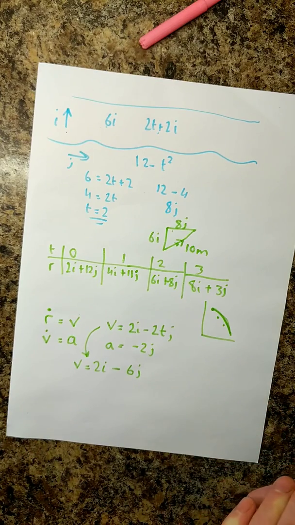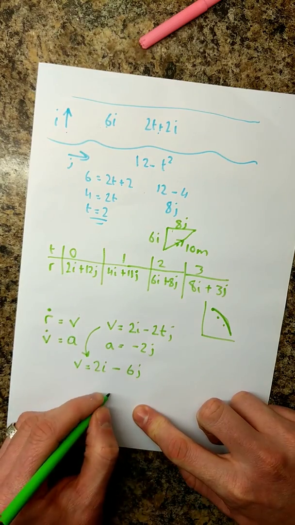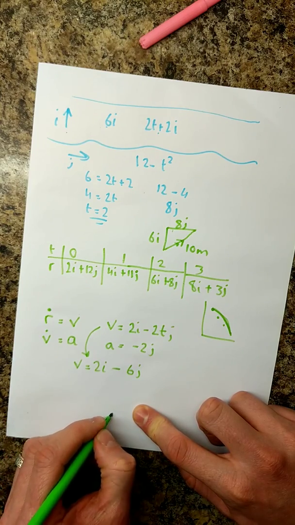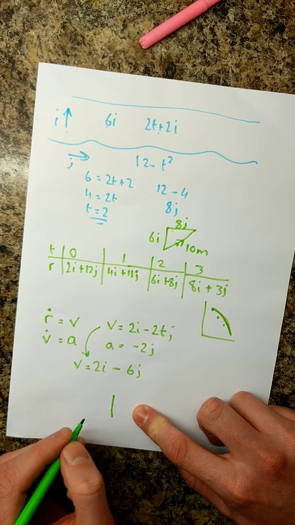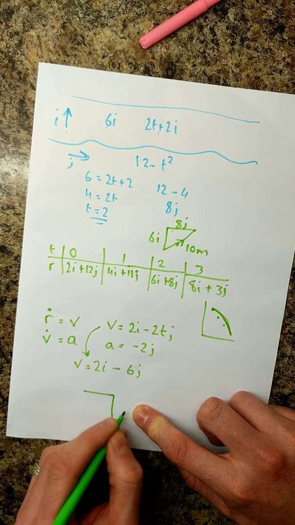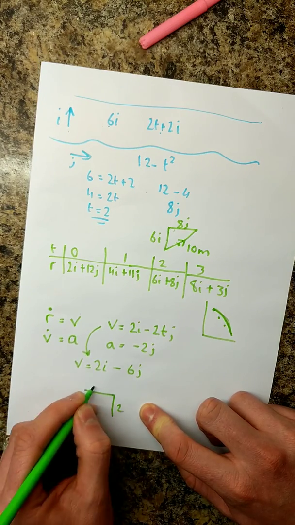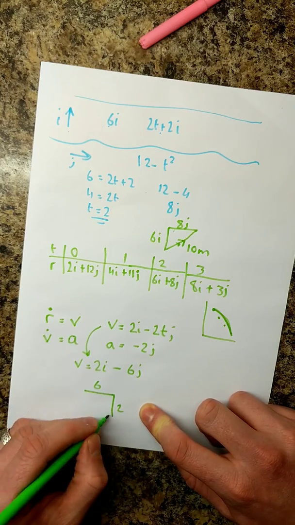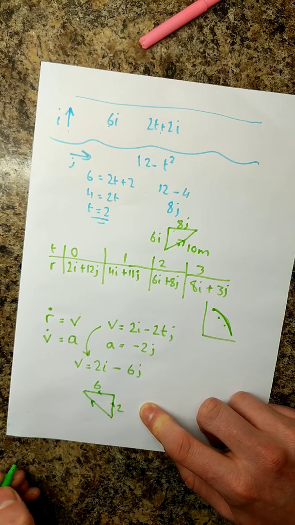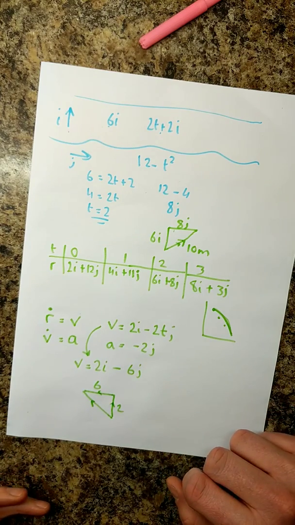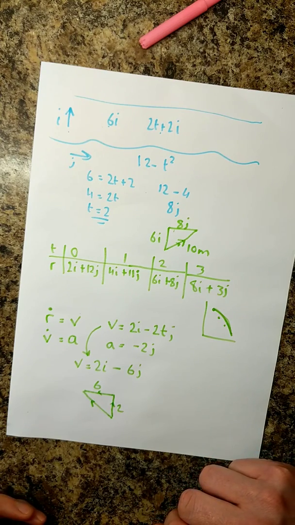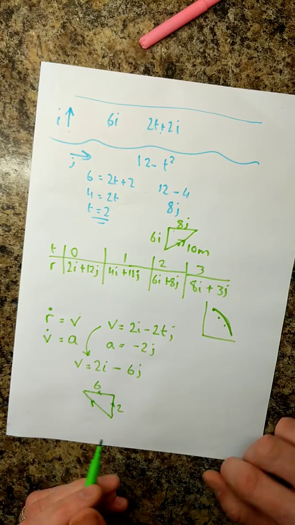Now we can draw a diagram of this, so we end up with 2 in the i direction and minus 6 in the j direction. 2 and 6. And that's the velocity kind of there. And we need to work out the angle that it's going at.